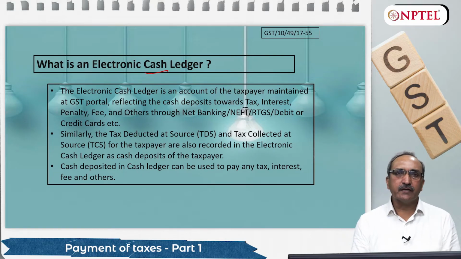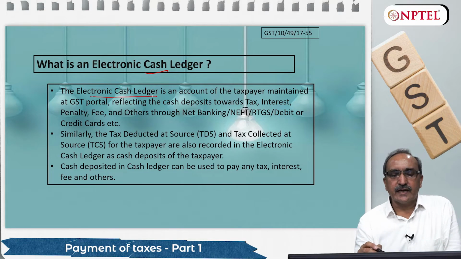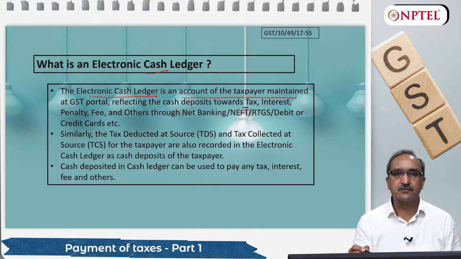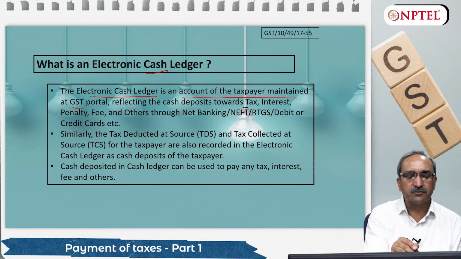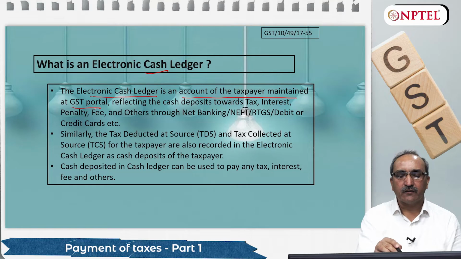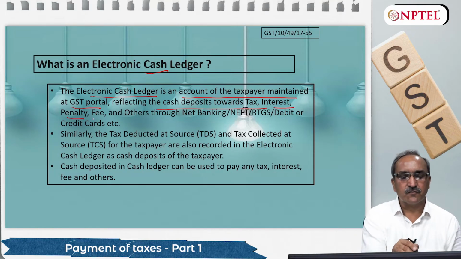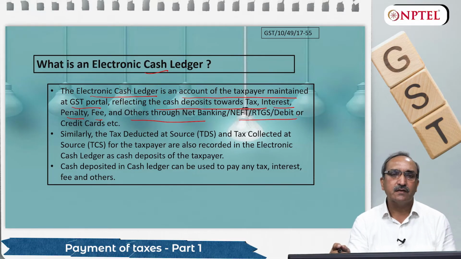The electronic cash ledger is an account of the taxpayer, meaning the registered person under GST, maintained at the GST portal, reflecting cash deposit towards tax, interest, penalty, fee or other, through net banking, NEFT, RTGS.